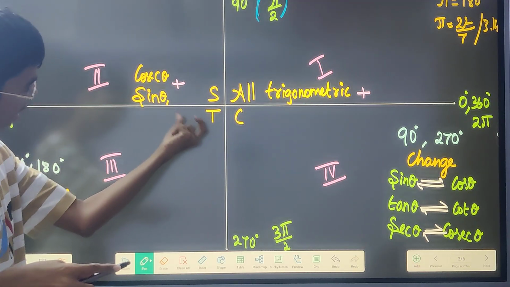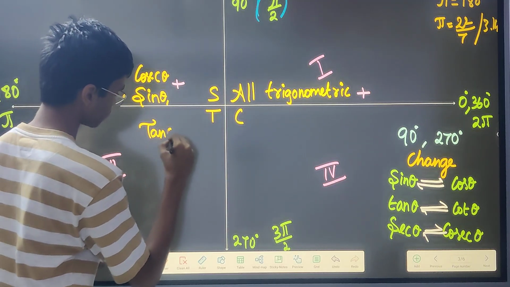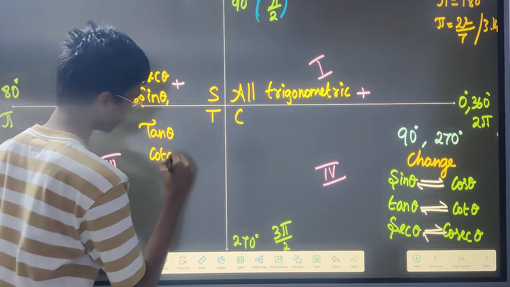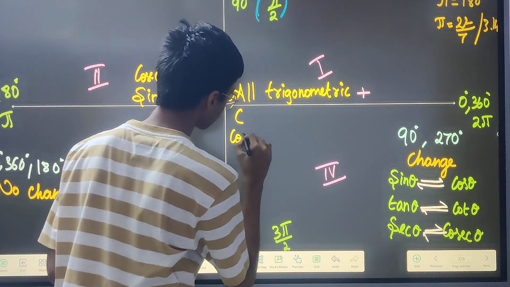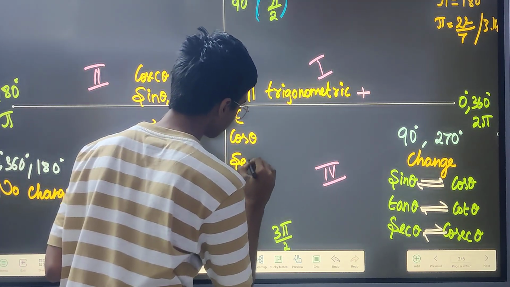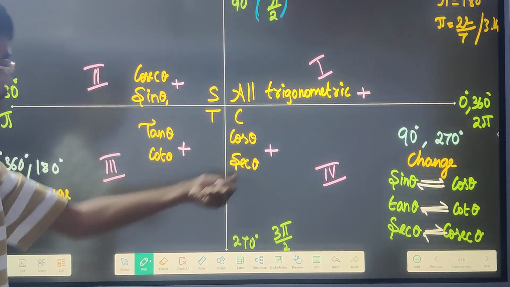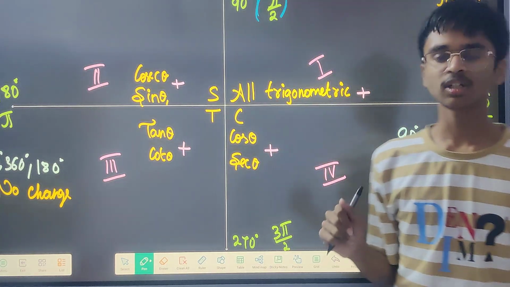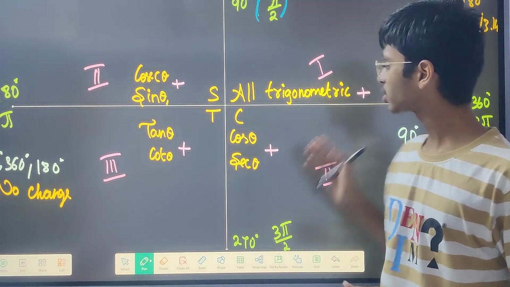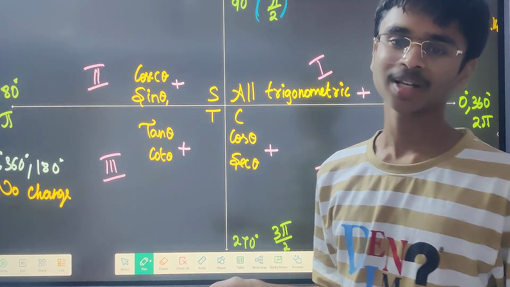Here tan theta and cot theta are positive. Here cos theta and sec theta are positive. So all these are positive in their respective quadrants. You can call this the sine quadrant, this the tan quadrant, this the cos quadrant, and this the all quadrant, though there is no such name.